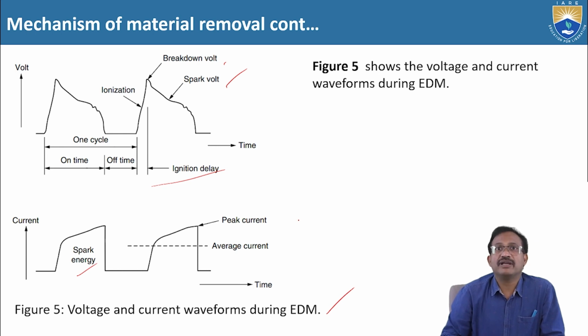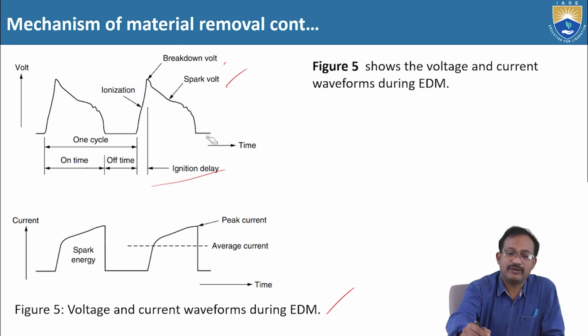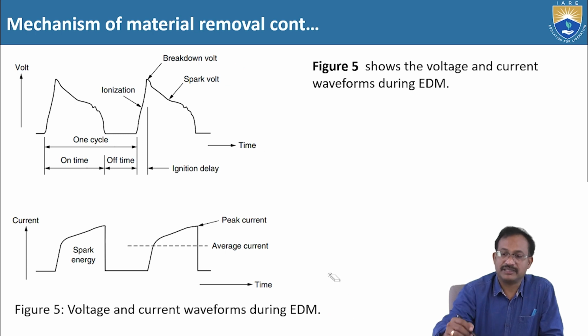So figure 5 shows all these parameters, including cycle on time, off time and spark energy region. Already we have discussed these parameters.